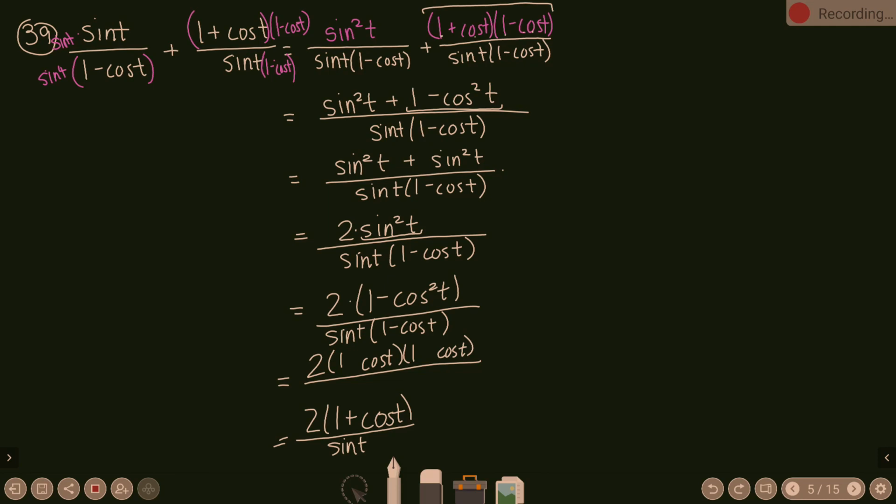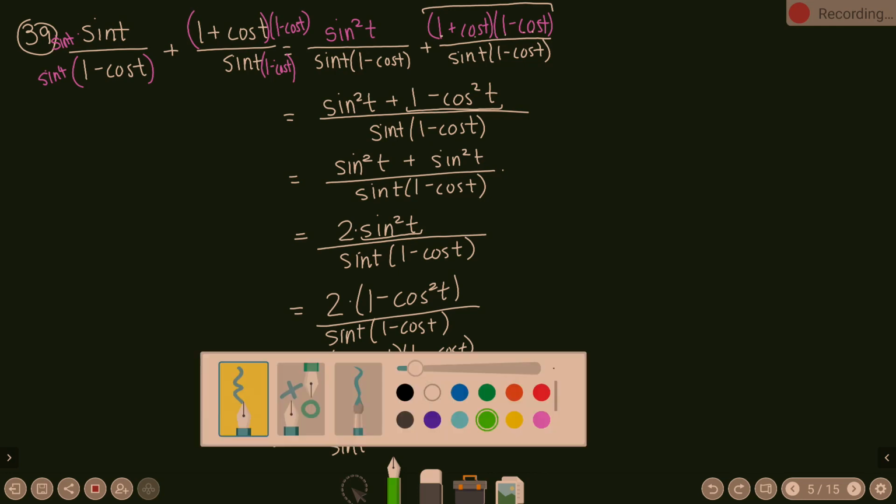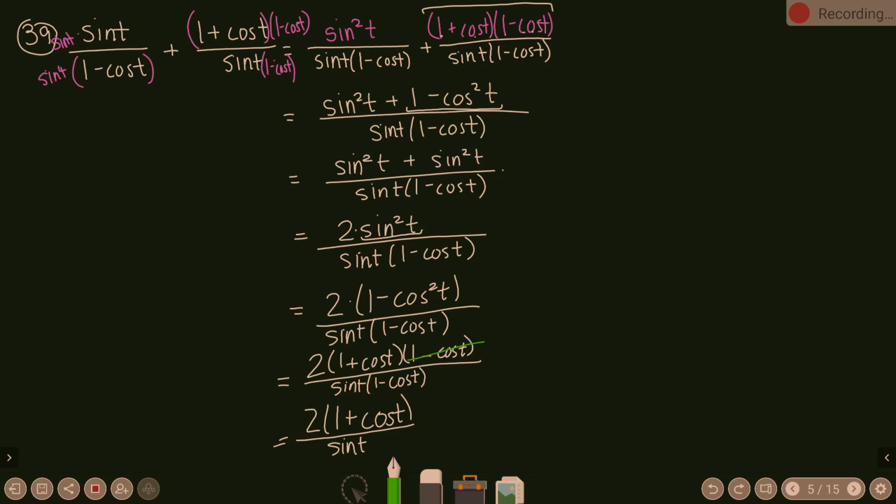And then since it's 1 minus cosine squared, we're going to say 1 plus and 1 minus. And then it's over sine t times 1 minus cosine t. And what happens? 1 minus cosine t can cancel, yes? And you have all the pieces there.